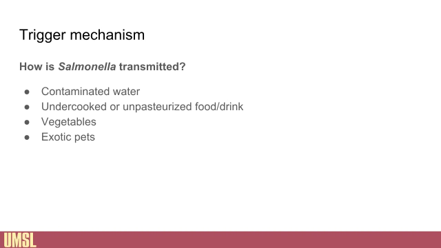And so how is it transmitted? Contaminated water, that's sort of the number one source throughout the world. If I were to say, how are you and I going to get salmonellosis or Salmonella infection in the United States, it's through eating uncooked or unpasteurized foods or beverages. Also emerging are problems with vegetables. Some of this is because of the use of livestock feces in fertilizing crops, for example.